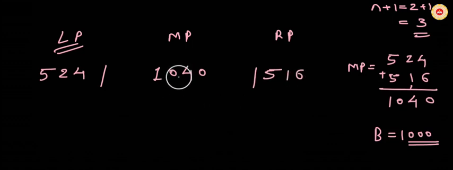Now come to the middle part. How many digits? 1, 2, 3, 4. 4 digits. Yes friends, it means that we have 1 extra digit in the middle part. So let us retain these 3 digits, 0, 4 and 0. Always count the number of digits to be retained starting from right to left.